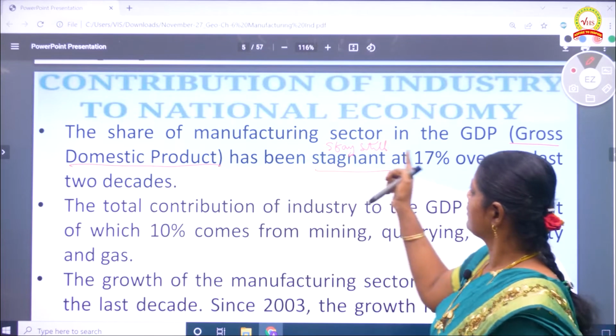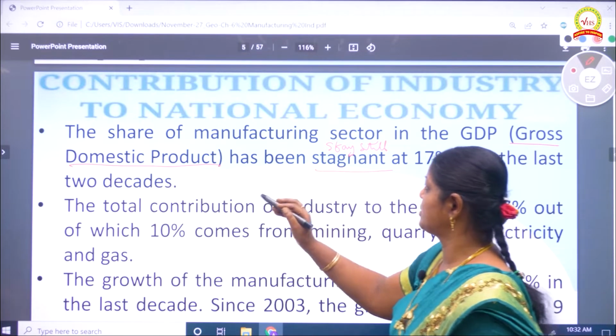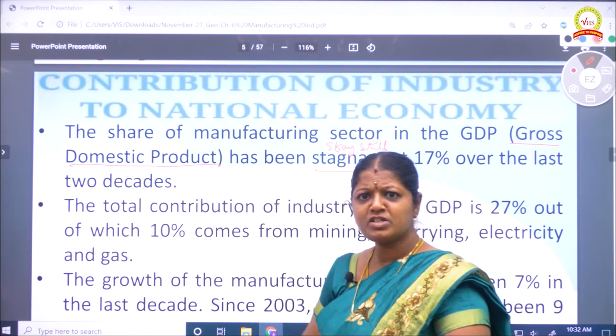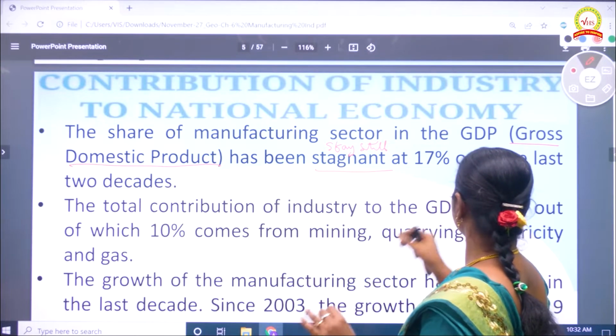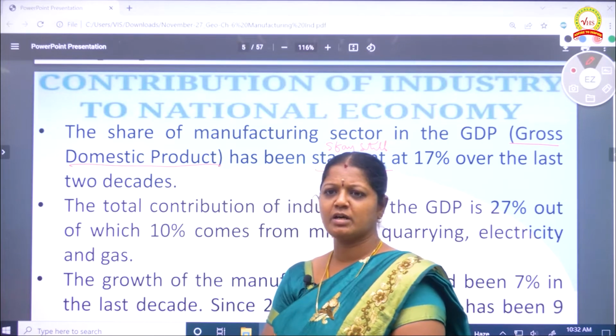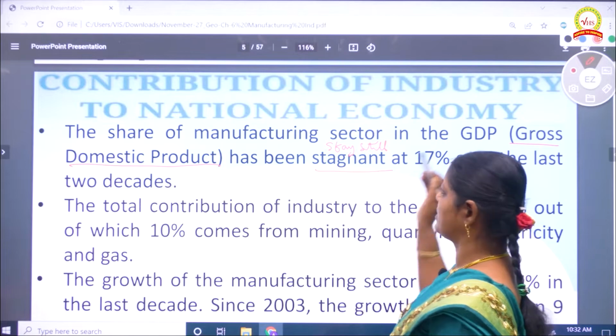So according to the GDP, they are telling that it has not developed beyond 17% over the last 2 decades, that is the past 20 years.